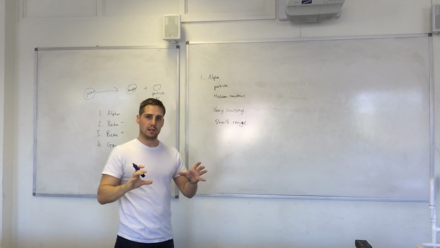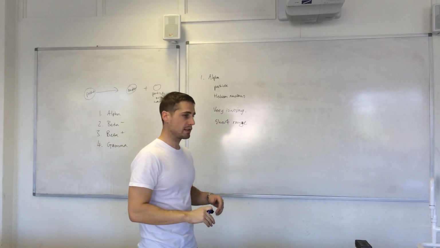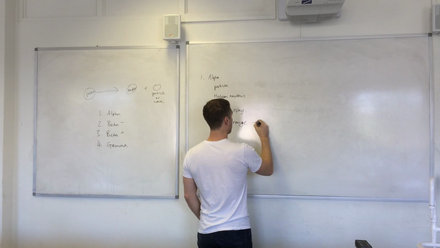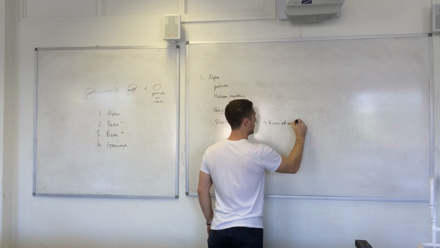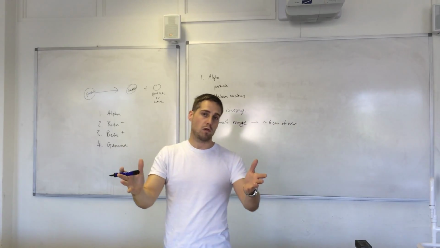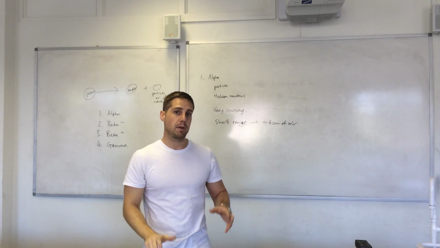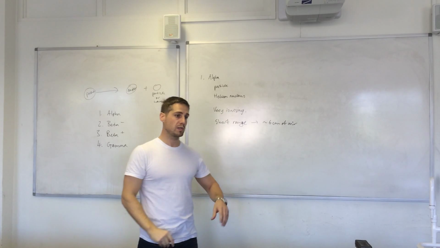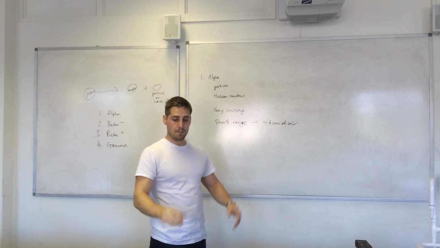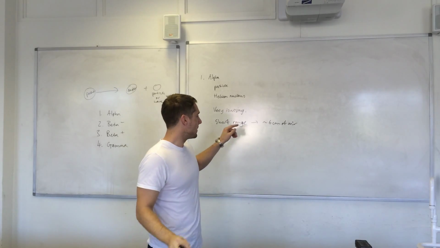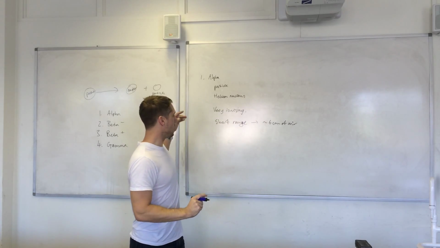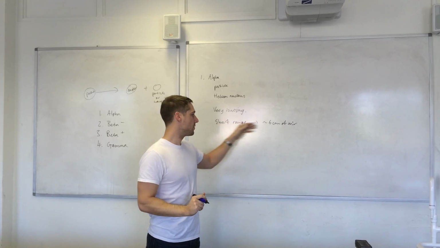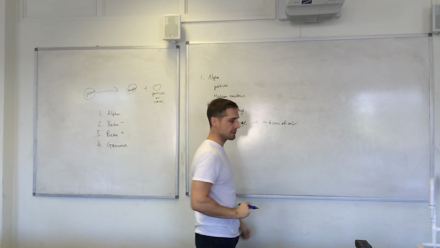Now let's put this into some practical context. Well, we're talking about 6 centimetres of air. So air is not made up of nothing, it's made up of lots of molecules that you can't see, but they're all there, and they will block the helium nucleus, the alpha particle, from travelling very fast, so about 6 centimetres.